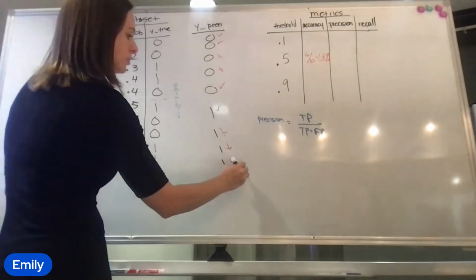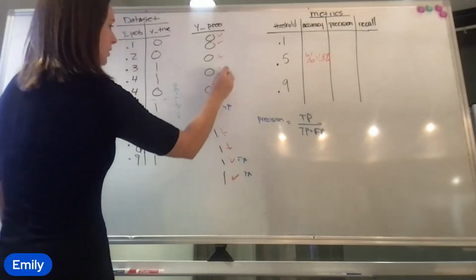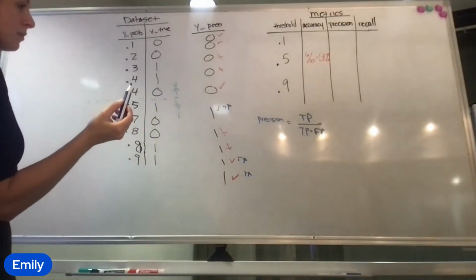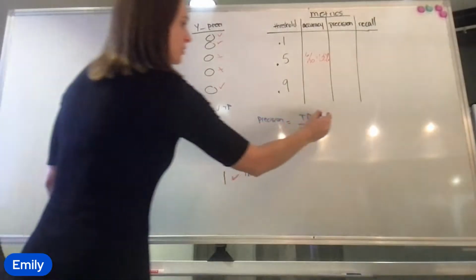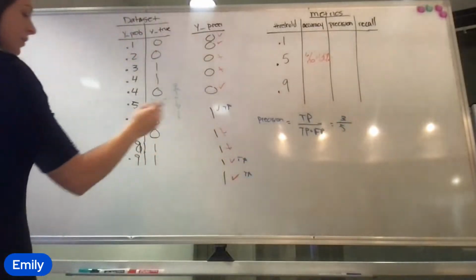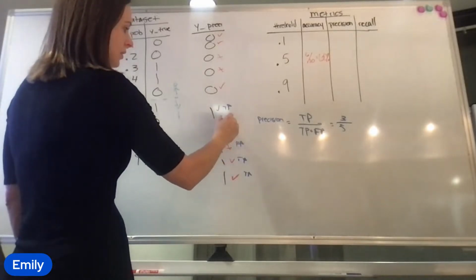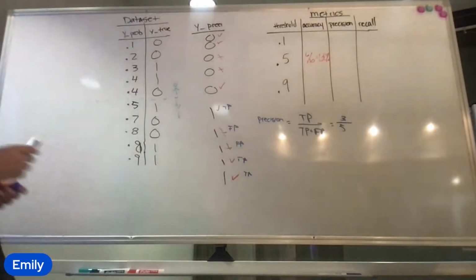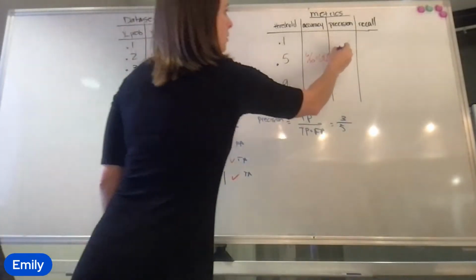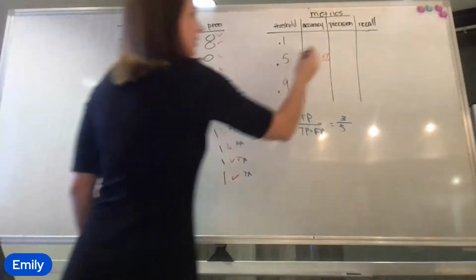So that's 2. So TP over false positives. So what did you say, 3/5? Yep. Our false positives are when we predicted 1 but it was actually 0. So those are our false positives. So 3/5, which is going to be 60%.